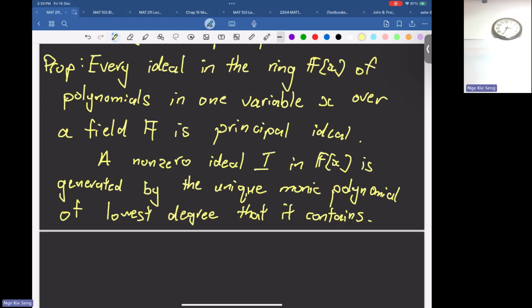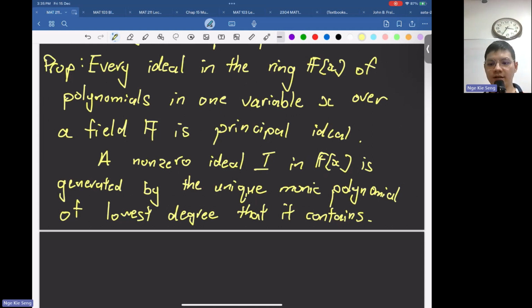If you take any ideal in a polynomial ring over a field, again it is a principal ideal. So you can find one thing that generates the ideal. That thing is the unique monic polynomial of the lowest degree inside the ideal. If you can find it, then this polynomial will generate your ideal.